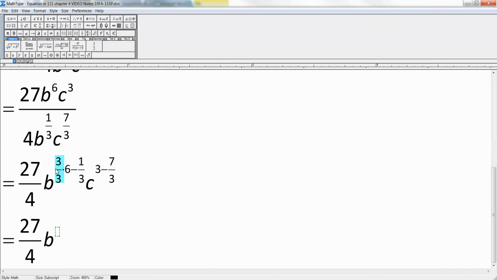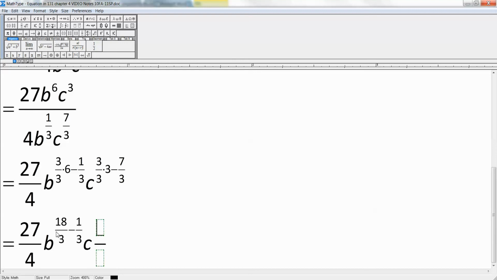And you do the same thing over on this one because you want them both to have the 3 for the denominator. So that would make b to the 18/3 take away 1/3. And then c to the 9/3 take away 7/3. So you're making them have the same denominator, and the 27 over 4 just sits there.